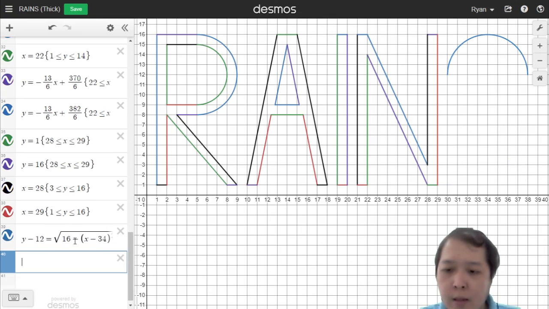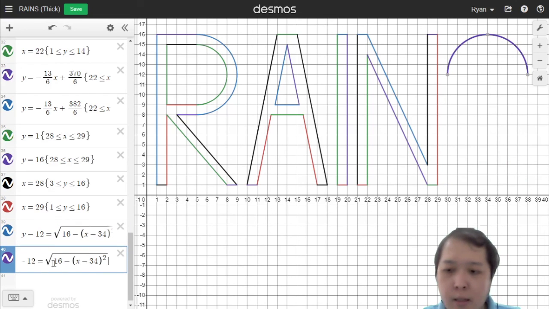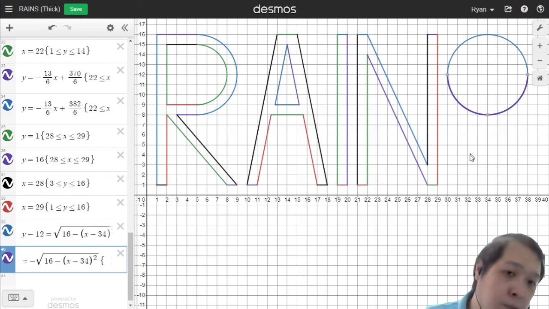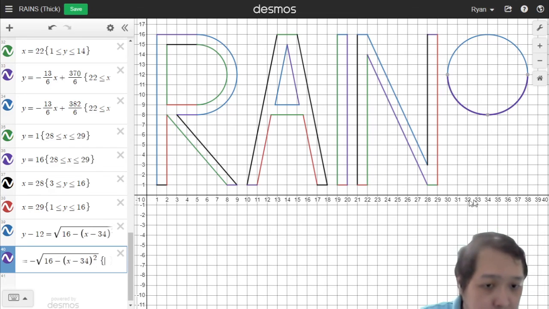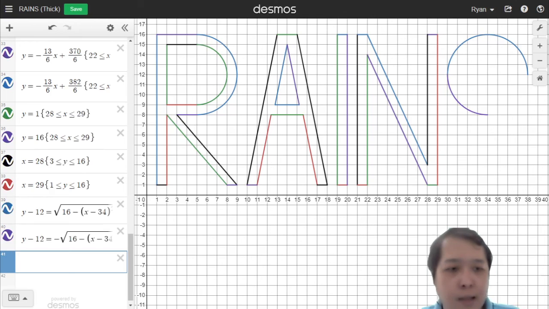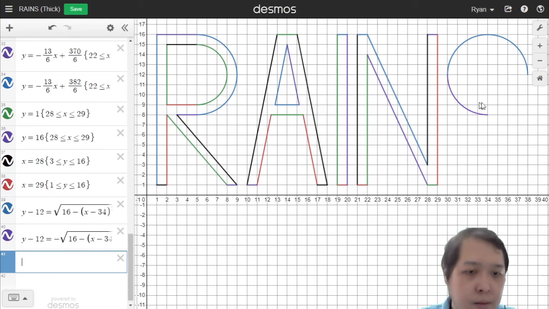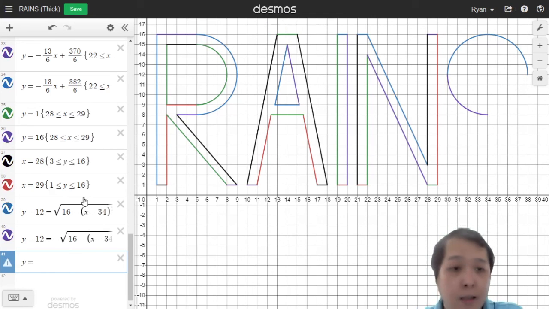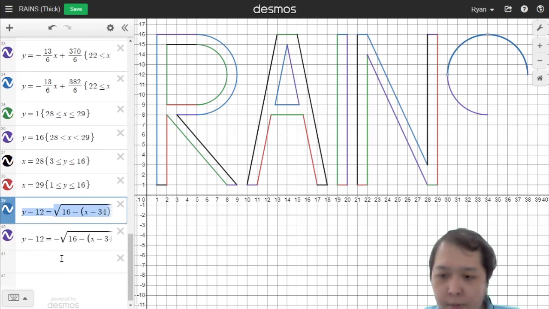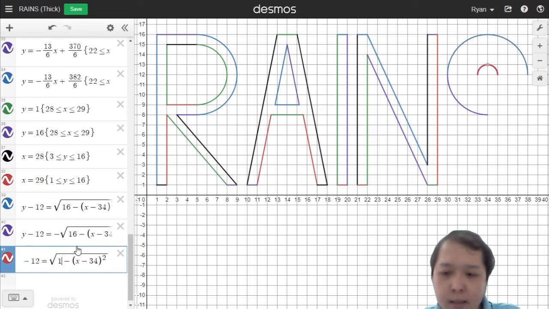Next. I'm going to use the same circle, but the opposite. But only the bottom left part. So interval using x or y. Oh no, must be x interval here. 30 until 34. Okay. Now let's do the inner part first before it's too late. Yeah, it's going to be similar with this, but the radius is 3.